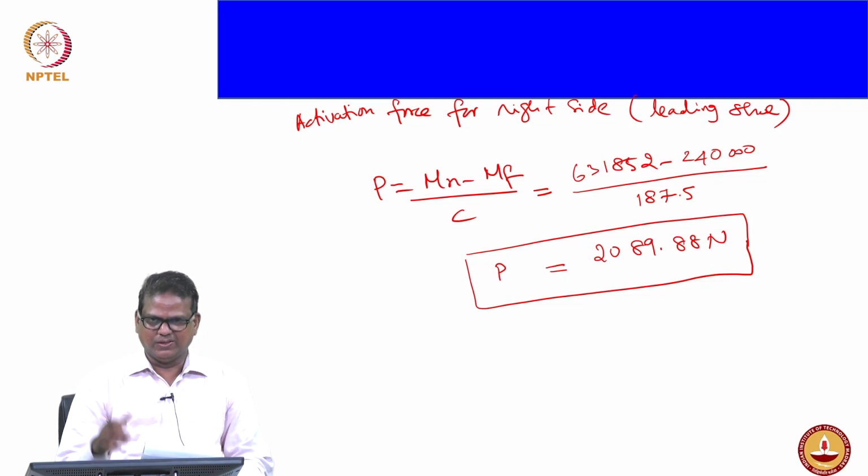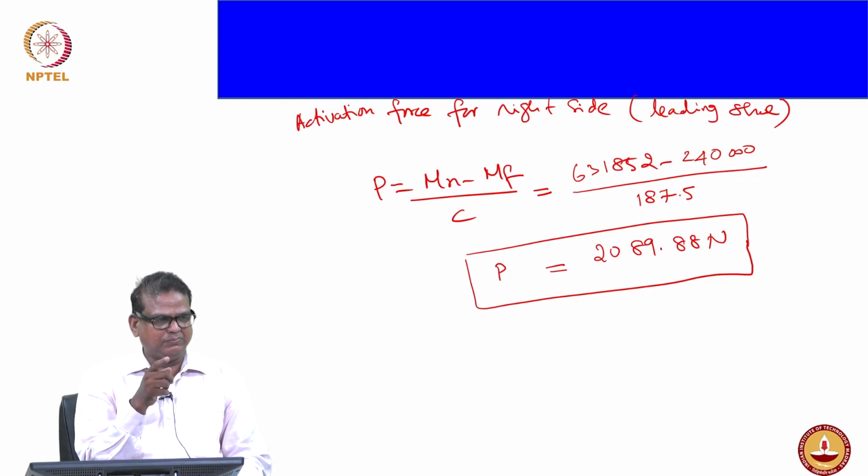Second, do you expect Mn and Mf to be the same magnitude for both? Third, do you expect a change in the pressure between leading and trailing? The reason I am saying that is, for the trailing shoe, the activation force should be higher, P equal to Mn plus Mf by c. That is what is supposed to be. So, how can we proceed?